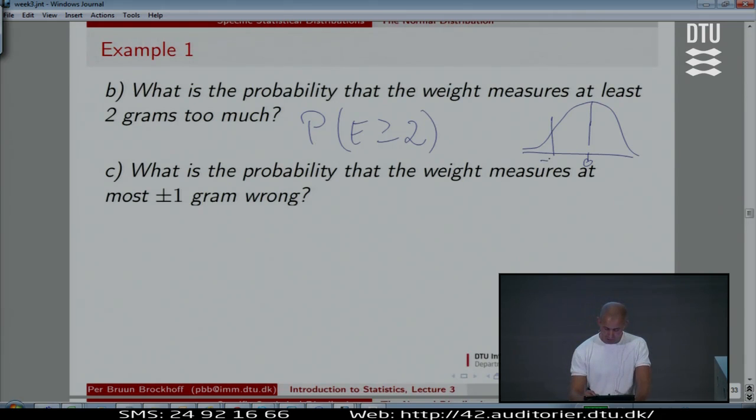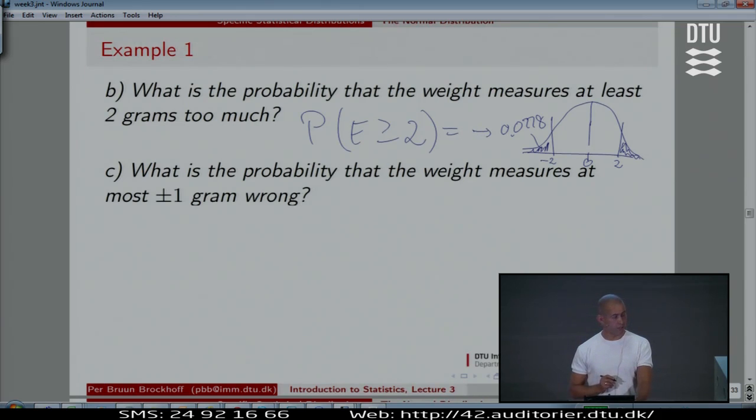Before we found out that this probability was 0.0228, right? Now I'm asked to find this probability. But that's the same, right? It's a symmetric function. So it's exactly the same, still equal to the same number.